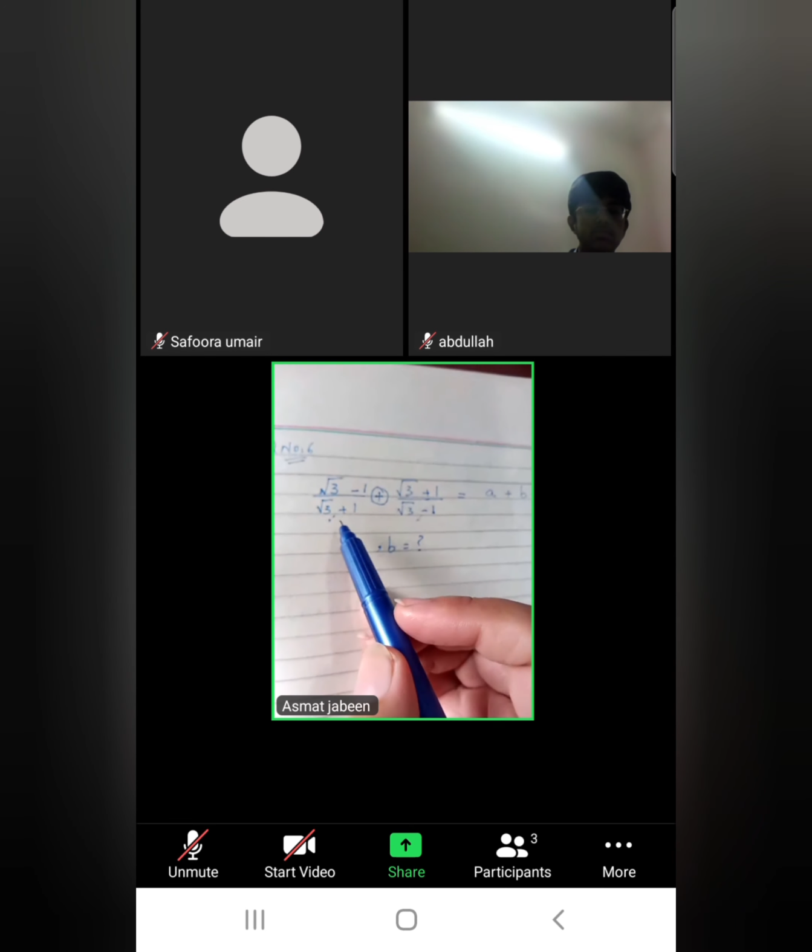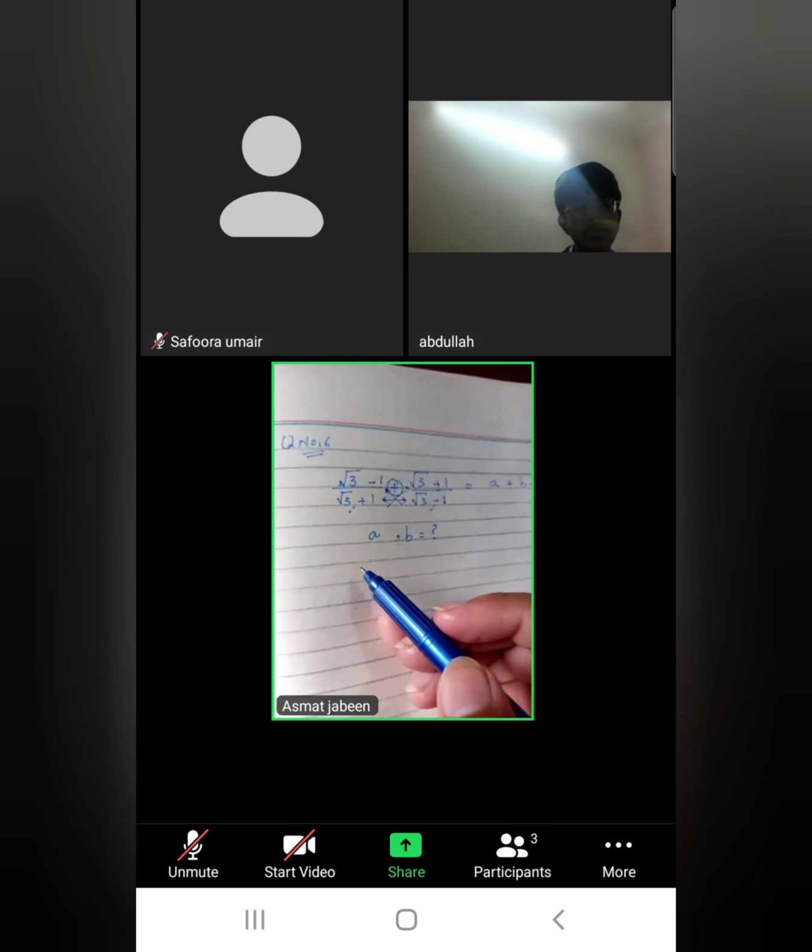But here the main point is they have written them in the addition form. So it means we are not going to add them ourselves. We have to simply solve according to the question and get the value of a and b.